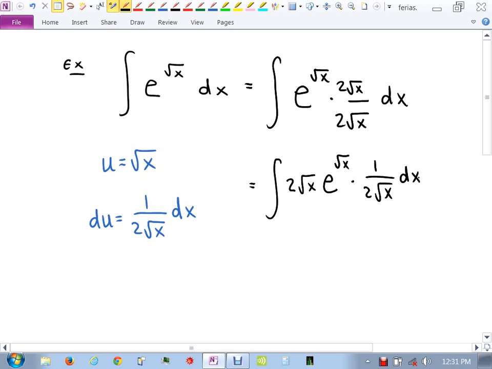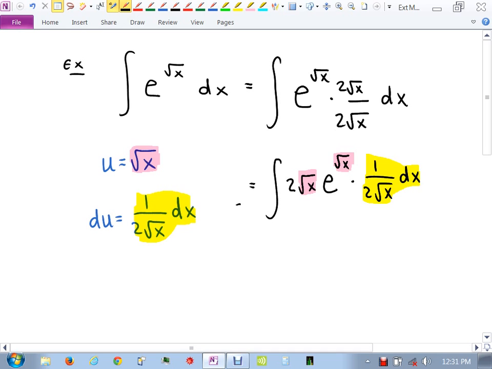Now, can I make my substitution? What will 1 over 2 root x dx become? That'll be right here, du. What does the square root of x become? That's a u. And this is a u, isn't it?